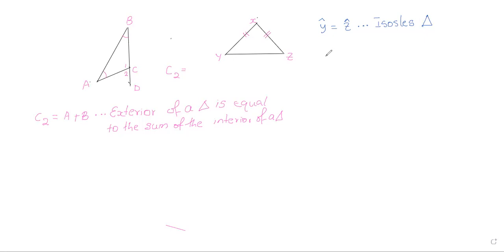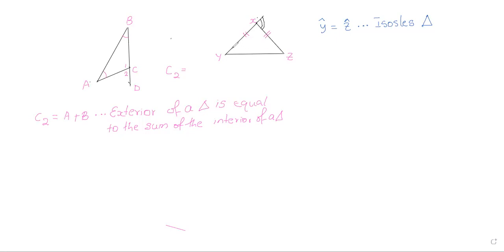Now, if we extend this line up here, I hope you will appreciate that at X there, we have two angles, if not three. We have this angle which is outside of the triangle.